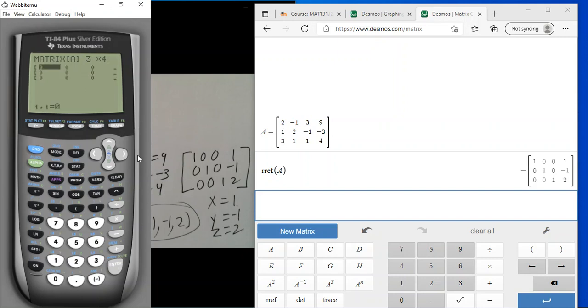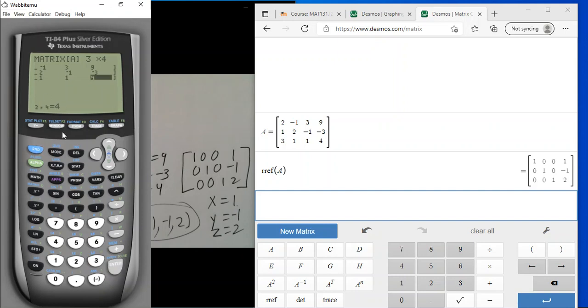Then you type in these values: 2, negative 1, and make sure you press enter after each value. 9, and then 1, enter, 2, enter, negative 1, enter, and negative 3, enter. Then 3, enter, 1, enter, 1, enter, and also 4, enter.